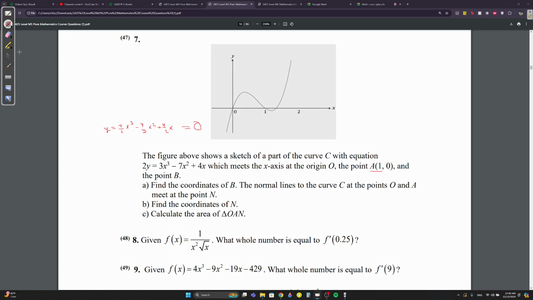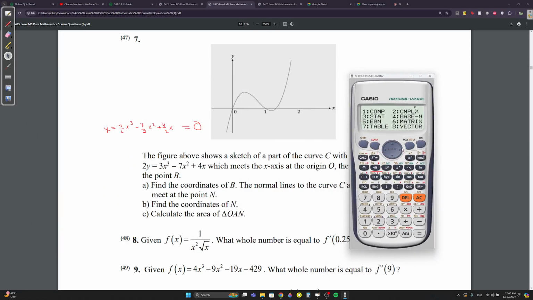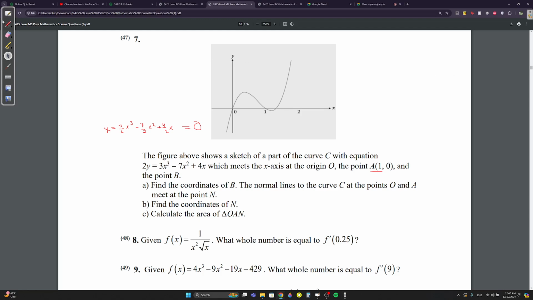We're going to take our calculator, mode 5 equation 4. So it's going to be 3 over 2, minus 7 over 2, 4 over 2, and then the last one is 0 because we don't have a constant. So you're going to get 4 over 3 and 1. And 1 is already given, so that means the solution we take is x equals 4 over 3.